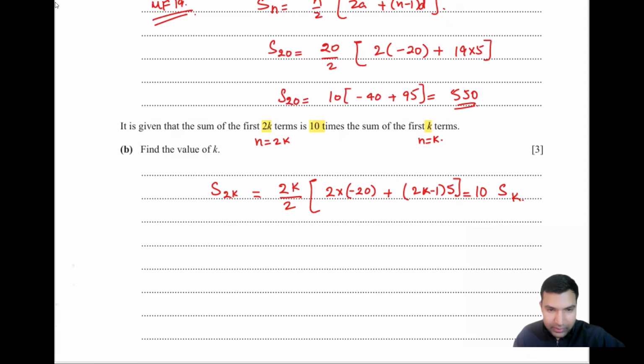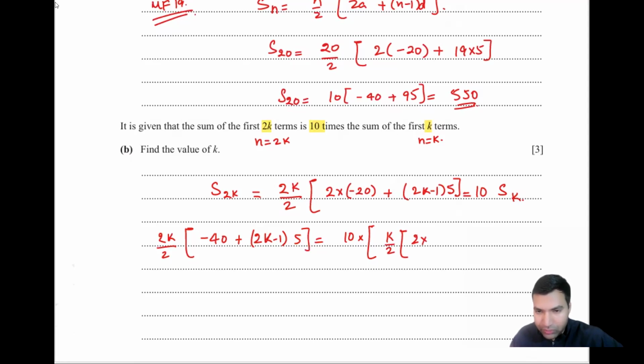Okay, so I'm rewriting this over here. 2k by 2, I get (negative 40 plus (2k minus 1) times 5) equal to 10 times the value of Sk. So Sk would be what? k is equal to n. Here also 2 times a, which is negative 40, plus (n minus 1), so n is k, times d, which is 5.